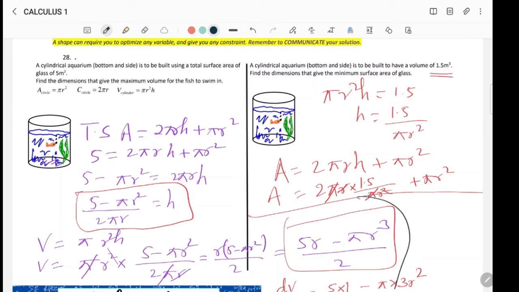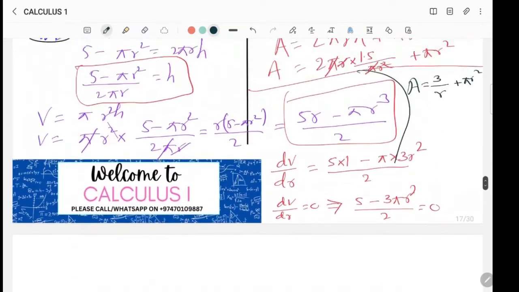Now pi and pi we can cancel, one r we can cancel, okay? Then what we will get? We will get the area expression as 2 times 1.5, which is 3 over r, plus pi r square, right? Okay, so now we have to check whether we are getting minimum or maximum.